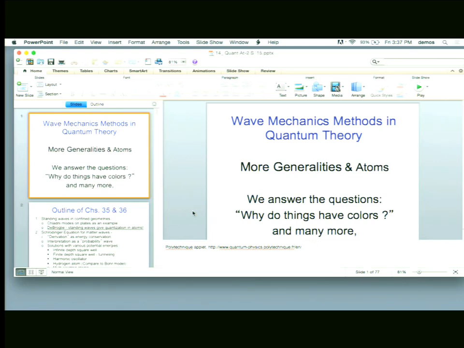But the first thing is this idea that the number of wiggles goes up as you go up higher in energy. So you definitely know that this is the first energy, and this one will be greater. E2 will be greater than E1. Why? Because the wavelength is shorter, and the energy, for an electron moving, is p squared over 2m, and p is h over lambda, squared, over 2m.